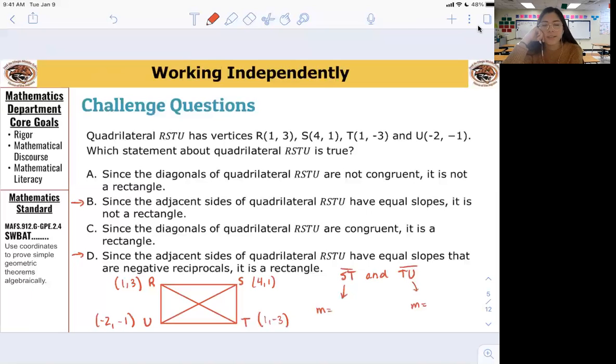Perla, don't give away the answer. What is the slope of ST?